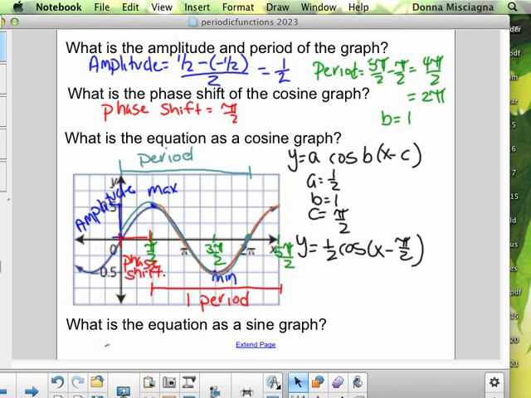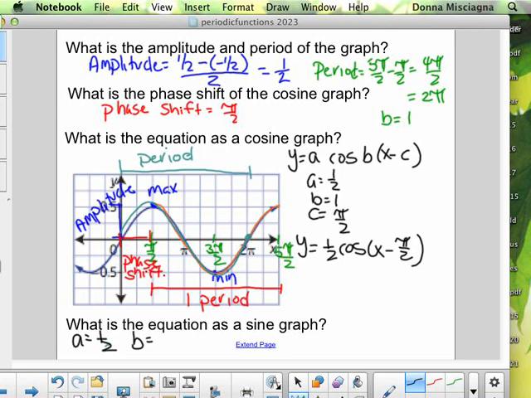That doesn't change. The same equation written in terms of sine or cosine will have the same amplitude, the same period and the same vertical shift, in this case none. The only thing that ever changes is the phase shift, because they are phase shifts of one another. So A is also 1/2.